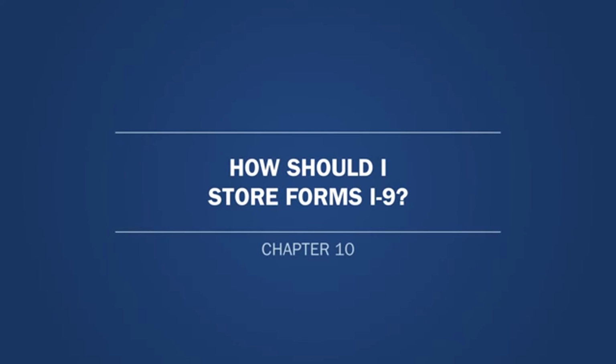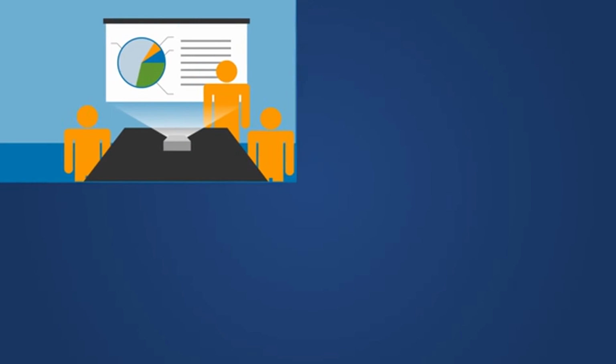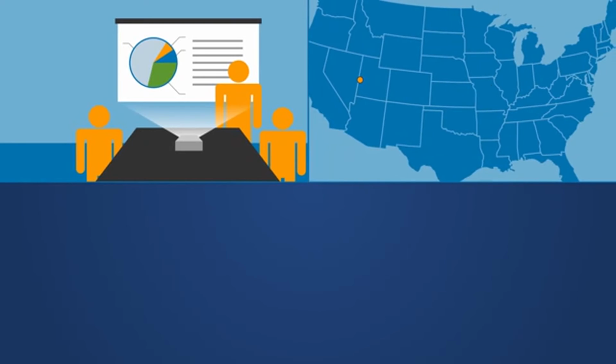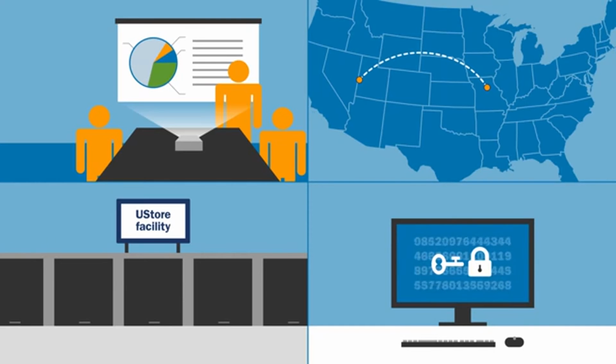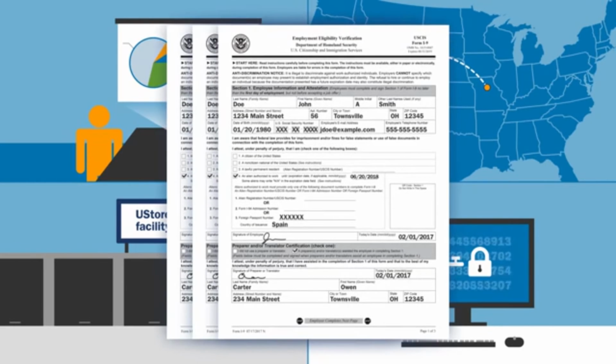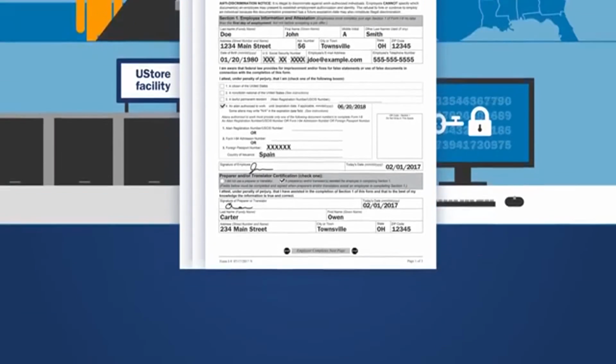Once completed, employers will need to store all Forms I-9. They may be stored on-site, off-site, at a storage facility, or electronically. Employers must keep Forms I-9 and document copies together.